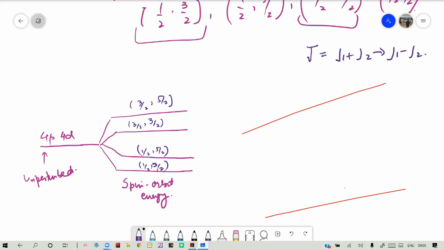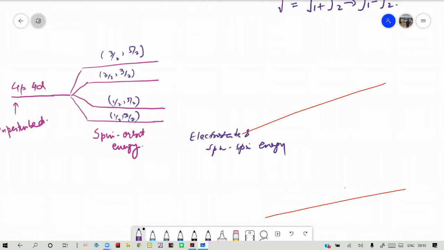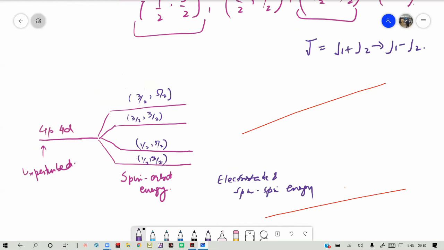So we have 1 by 2, 3 by 2. So this will have two combinations now, 1 by 2 plus 3 by 2 and 1 by 2 minus 3 by 2. So here we will have another energy perturbation, that will be electrostatic and spin energy.